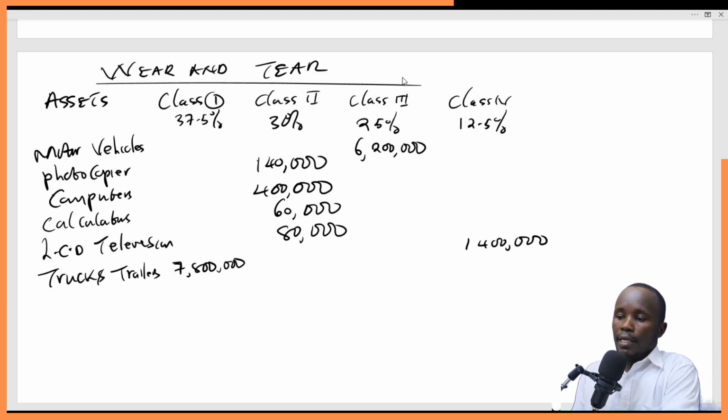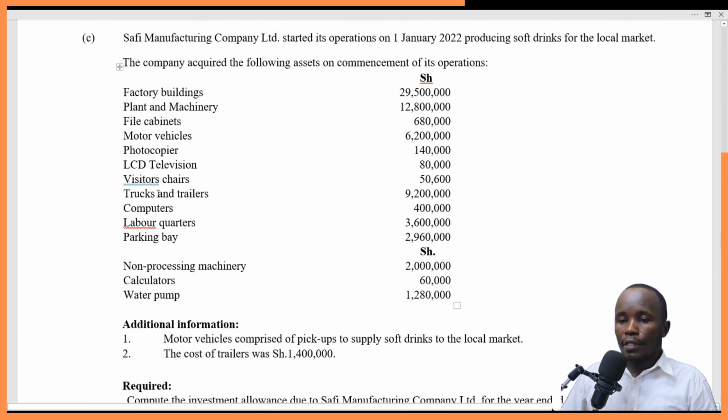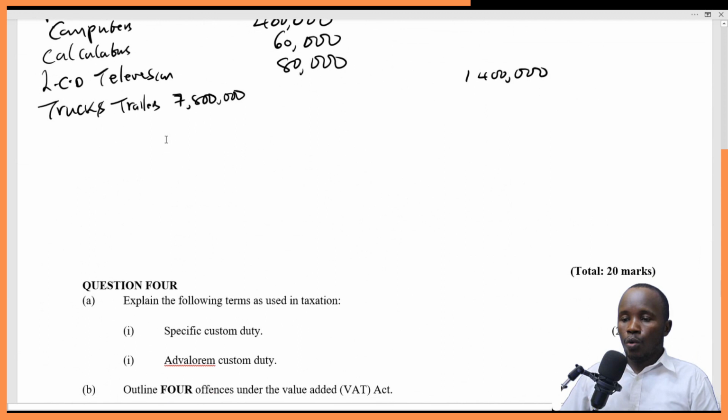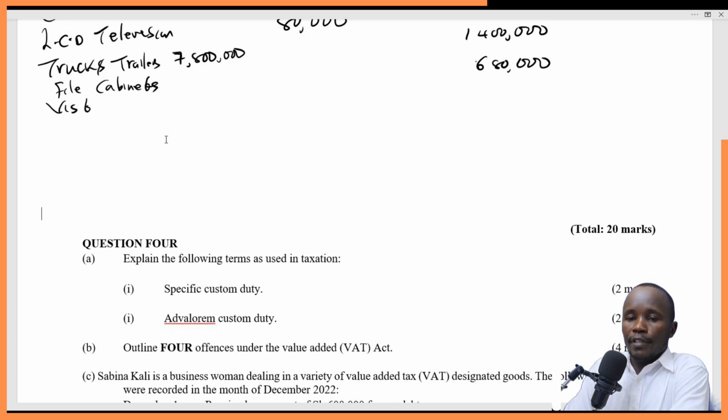Now, what else have I not handled here? I've not handled file cabinets. File cabinets are in class 4, which is 680,000. We have visitors chairs, all furniture. Furniture is in class 4, 50,600.